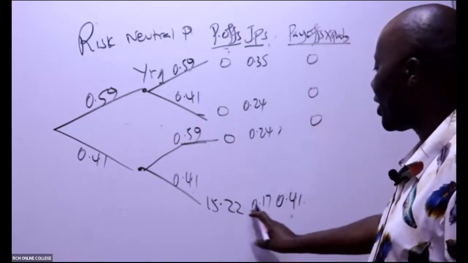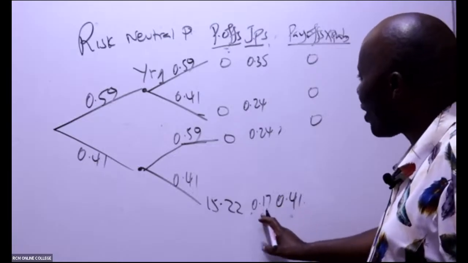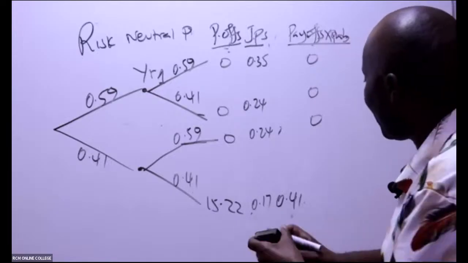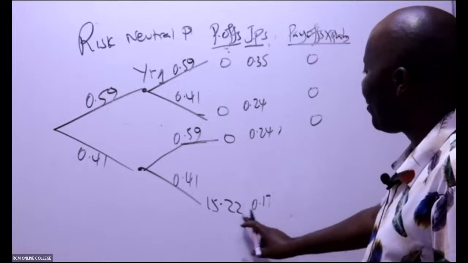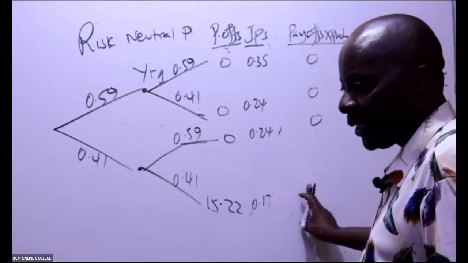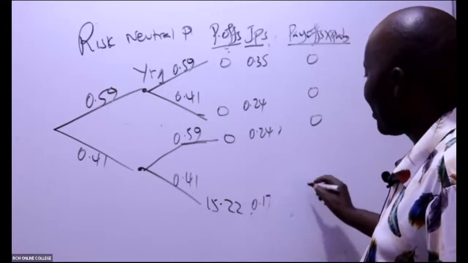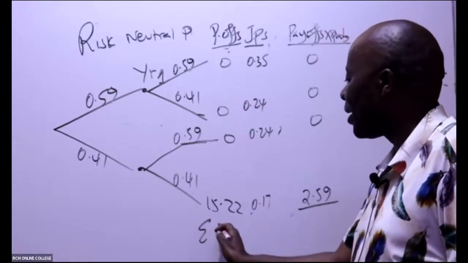And 0.17 times 15.22, what are we supposed to be getting? 2.59.